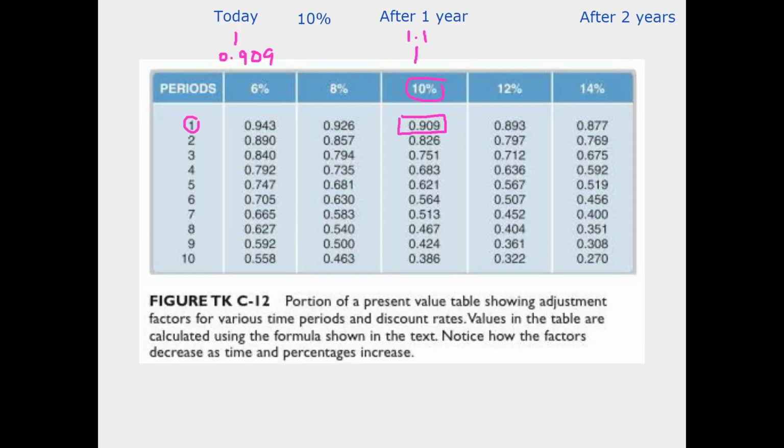The question is how much I have to have today if I want to get 1 after 10 years with the interest rate of 12%.